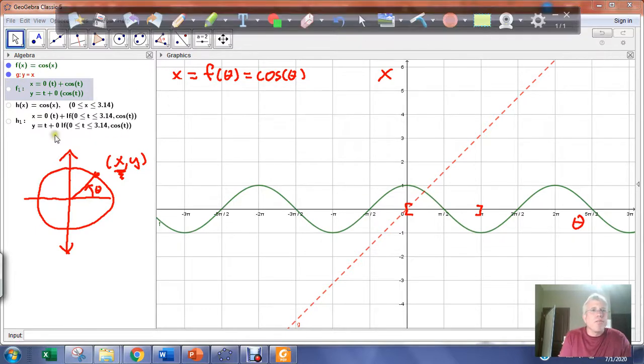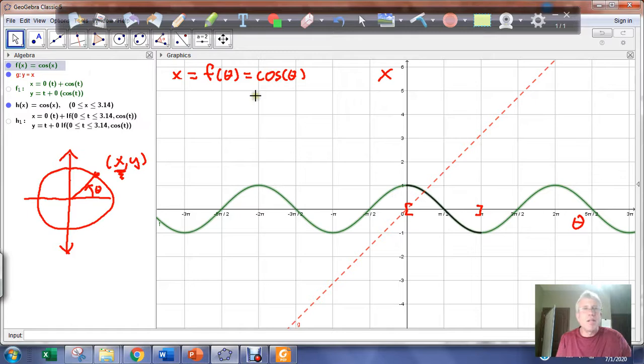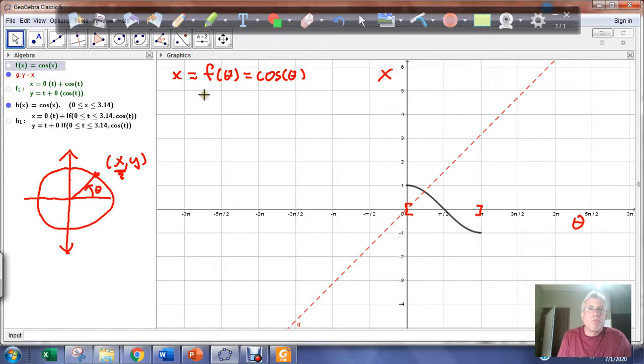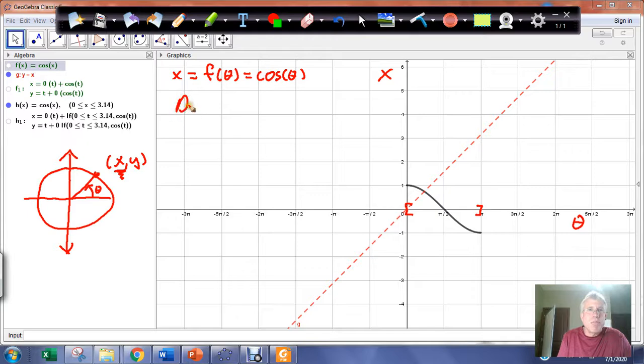So if I turn on the restricted domain right there and turn off the cosine over its domain from negative infinity to infinity, we graph the cosine function over a limited domain. For the domain, we'll allow theta to run from 0 radians to pi radians, or 0 to 180 degrees. And if we do that, we get this nice restricted domain here.